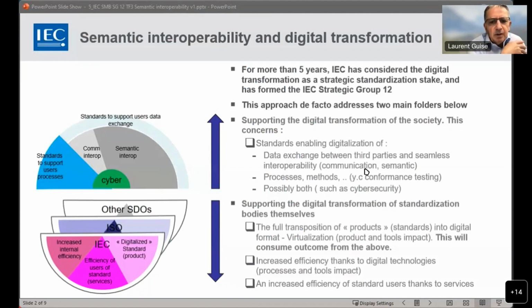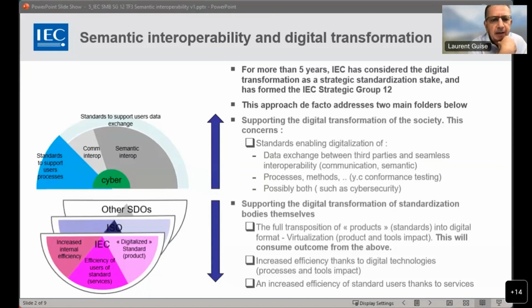But it's also the digital transformation of the standardization bodies themselves, which needs to improve their efficiency, but as well to deliver digital products. So currently, IEC SG12 is addressing both aspects.